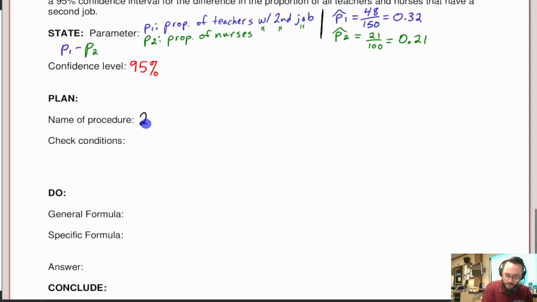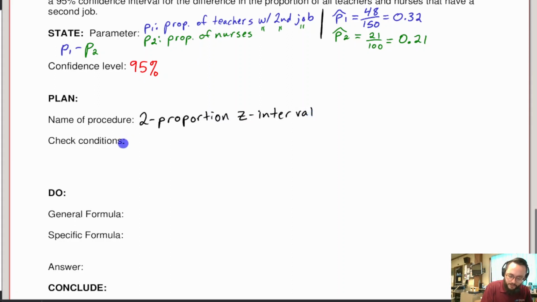So this is a 2 proportion z interval. You'll see why we don't want to give the critical value right away after seeing the 95% soon enough. Not in this assignment, in the next coming weeks.